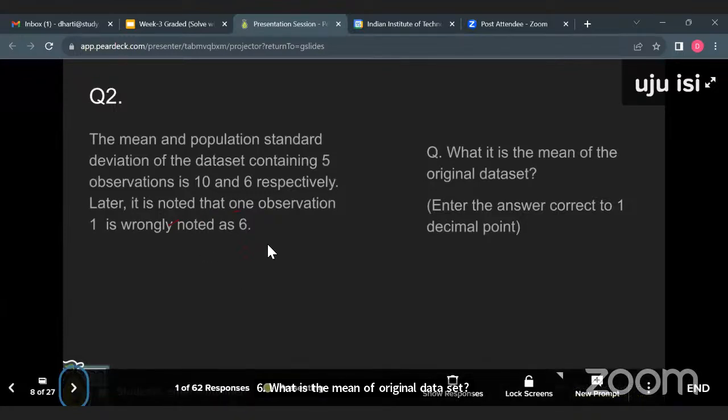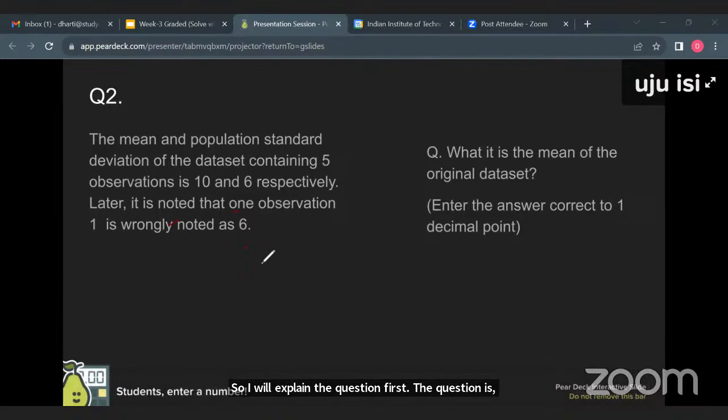The question says, how many data points are there? The data set has 5 data points, and the mean of the data set is given to you, that is mean is equal to 10, and the standard deviation, that is sigma, is equal to 6. This is the given information.